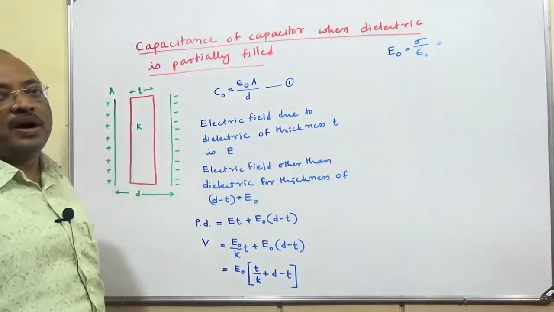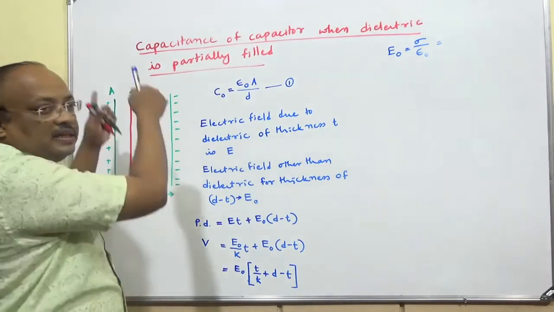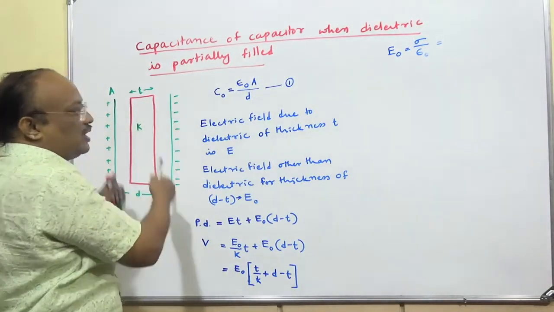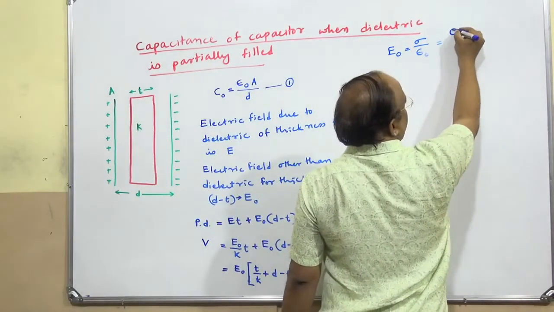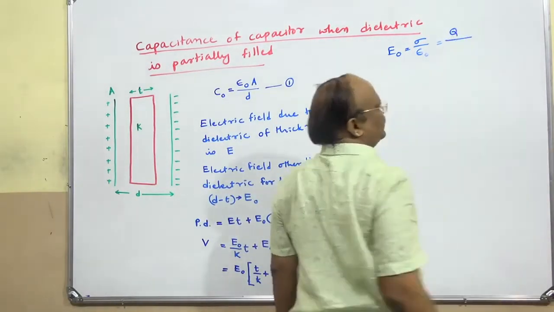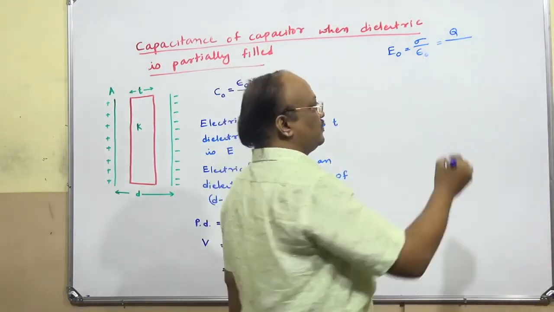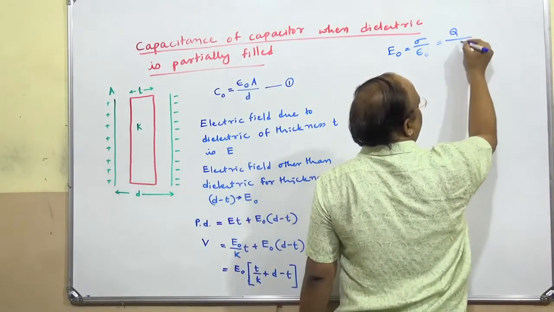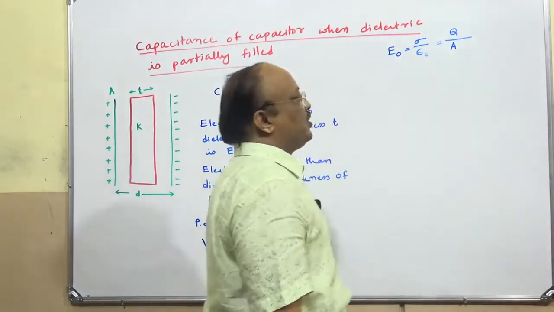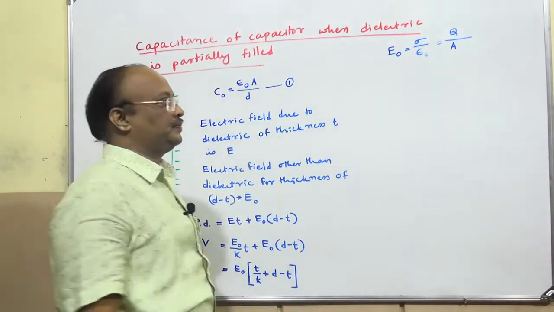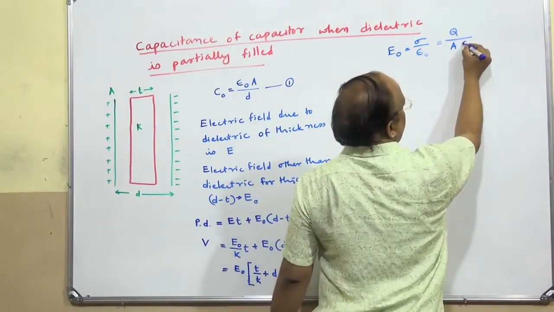What is this sigma? If Q is the charge on the plate, sigma is Q by A, so E naught is Q by A into epsilon naught.